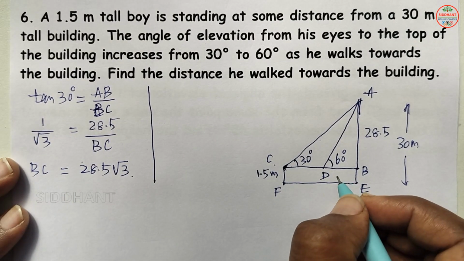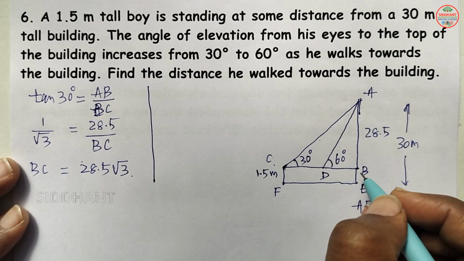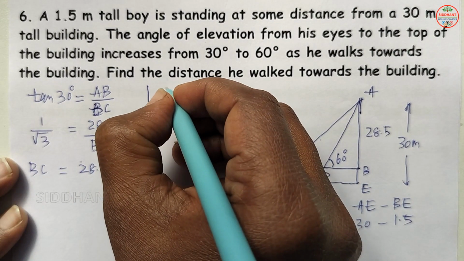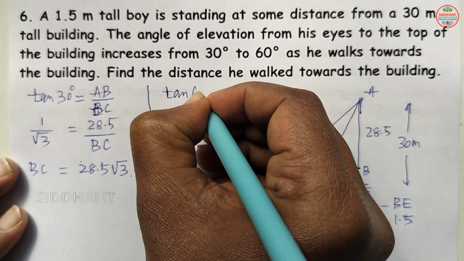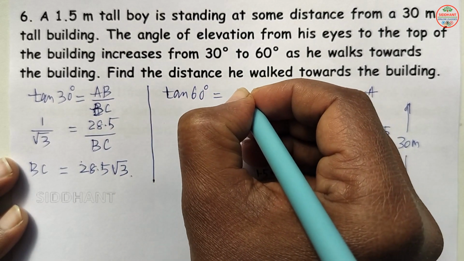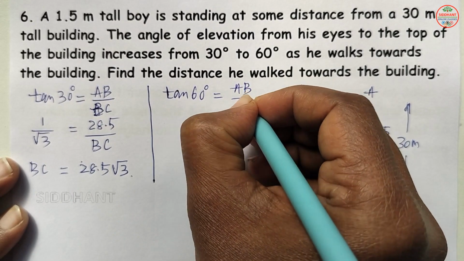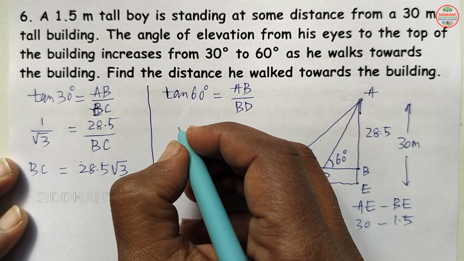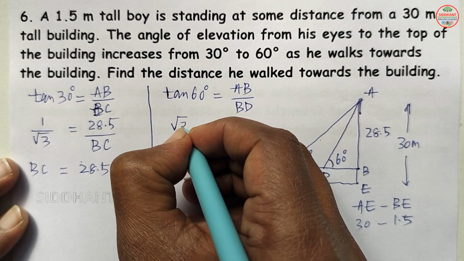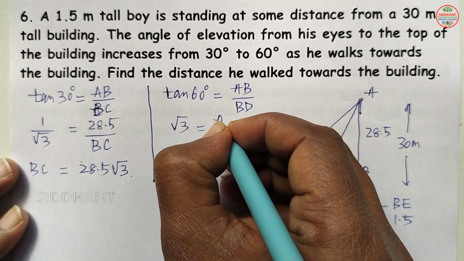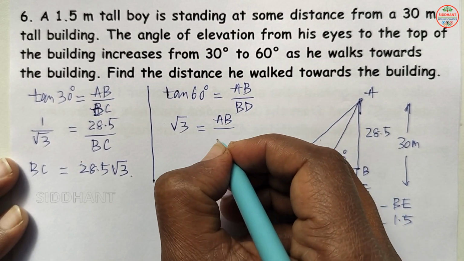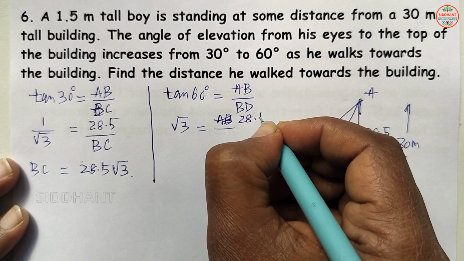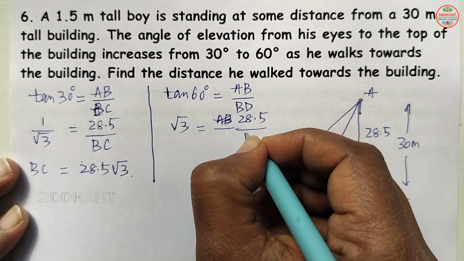Now we are going to find out BD here. So in triangle ADB, we are going to take tan 60 here. So tan 60 will be AB by BD here. So tan 60, which is root 3, equals AB, which is already given as 28.5, by BD, which we are going to find out.